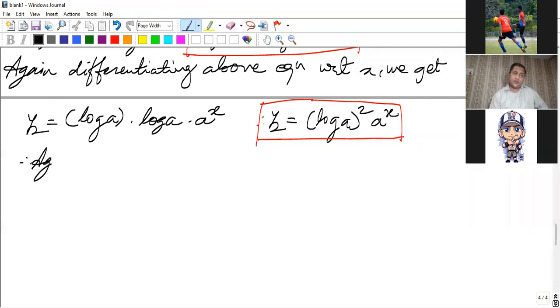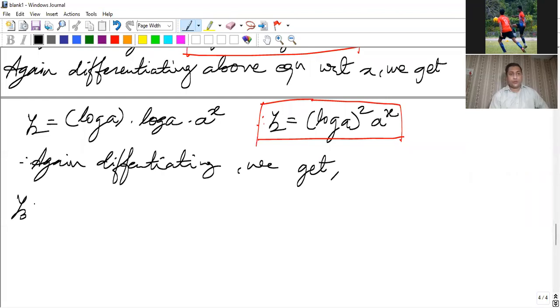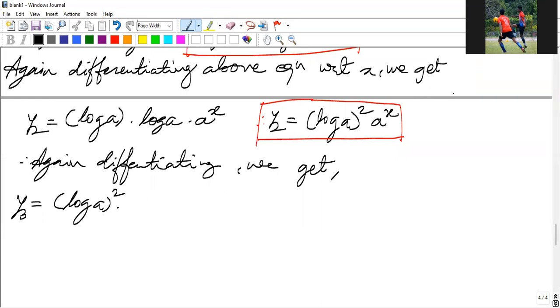Again, we differentiate this, and we get the third order derivative. This is going to be log a bracket square.